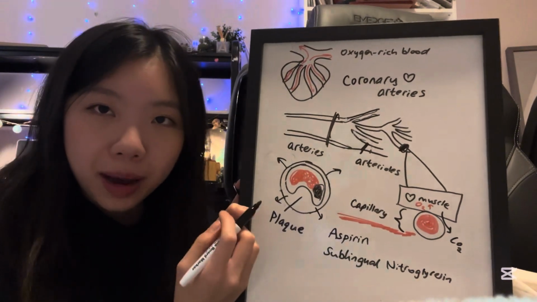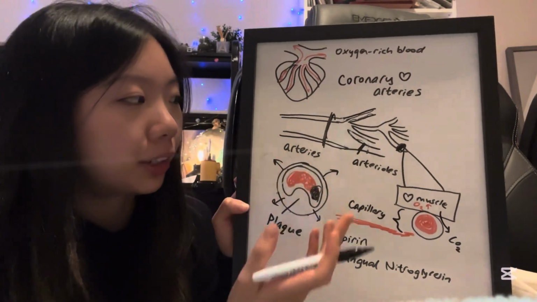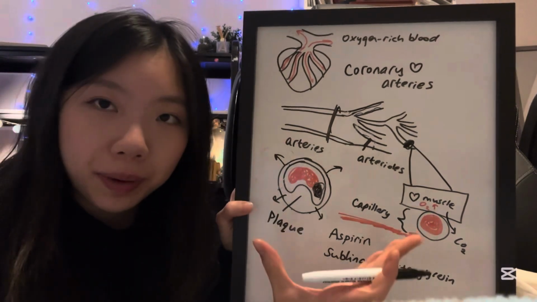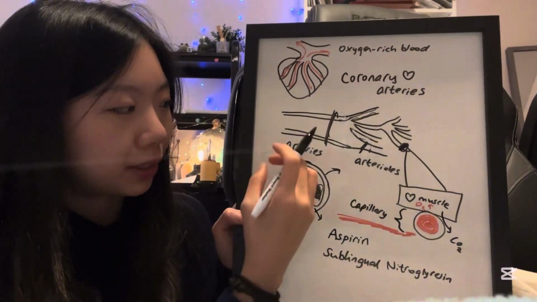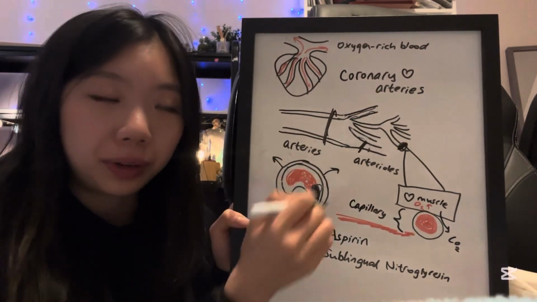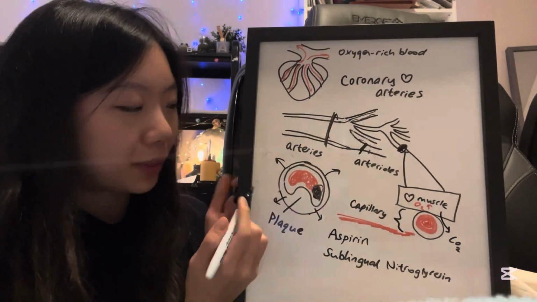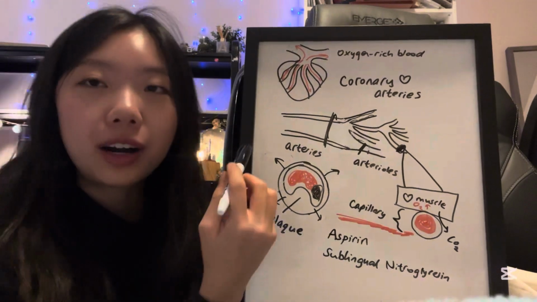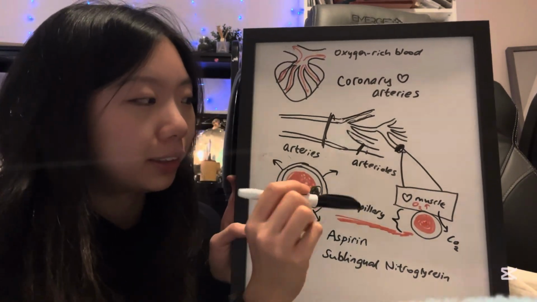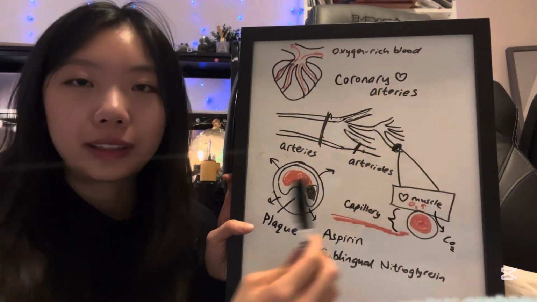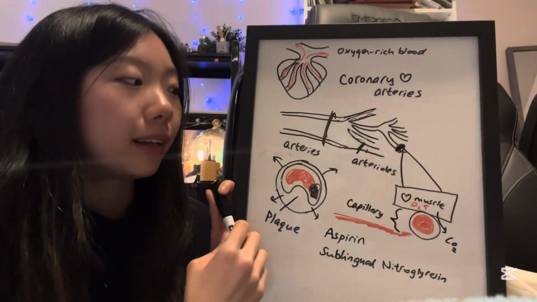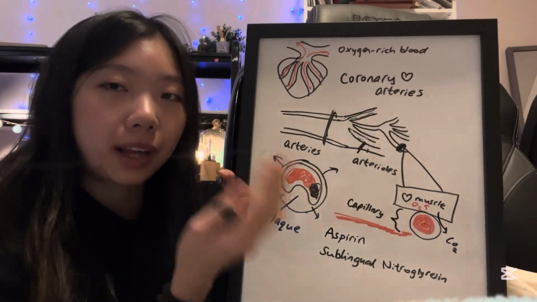That means that the diameter of your blood vessels, such as your arteries or your arterioles, are going to expand. And it does this because it relaxes the muscles that surround the arteries and arterioles. That means more space is available for oxygenated blood to flow through, and that means more oxygen gets to your heart muscles. And that also means your heart doesn't have to work as hard.